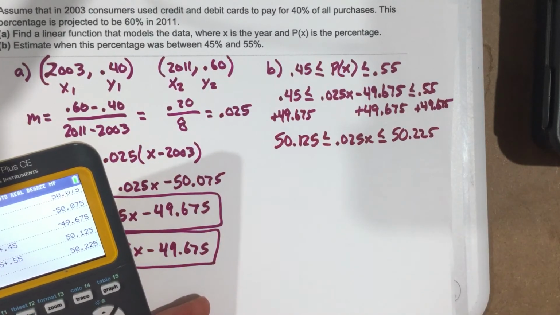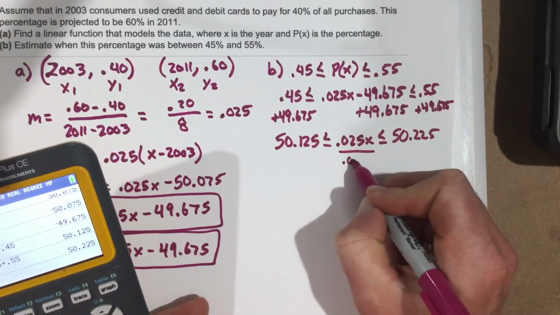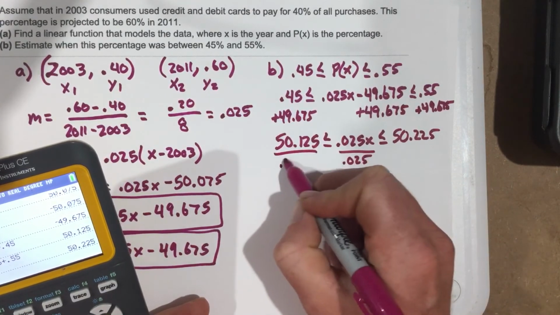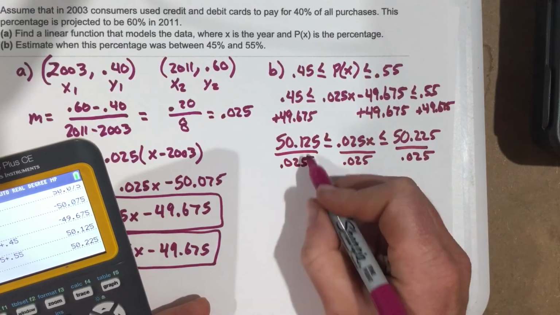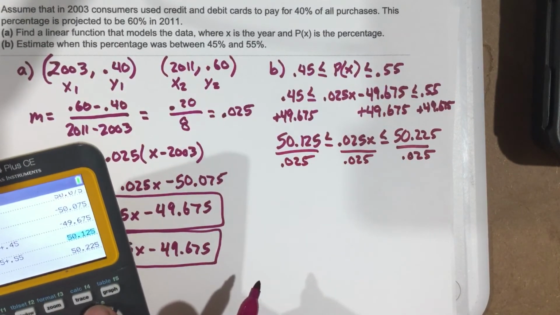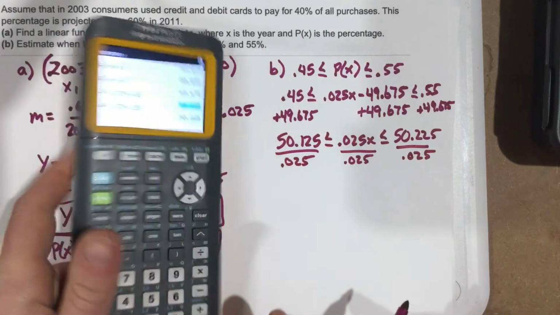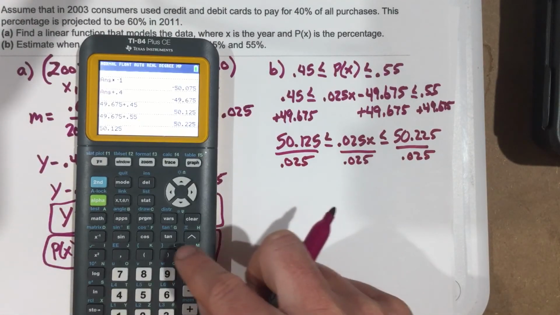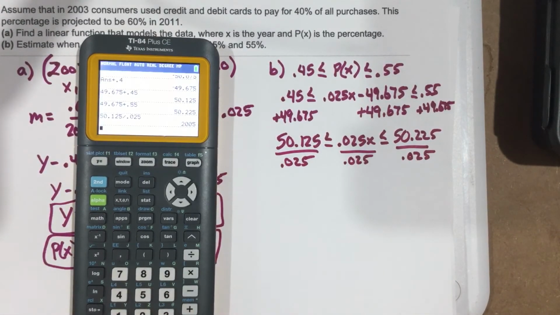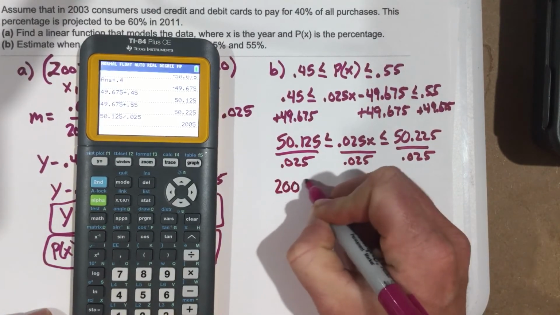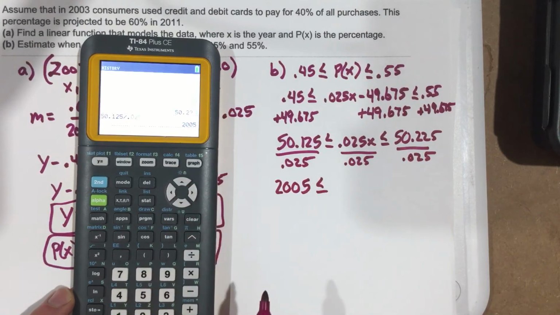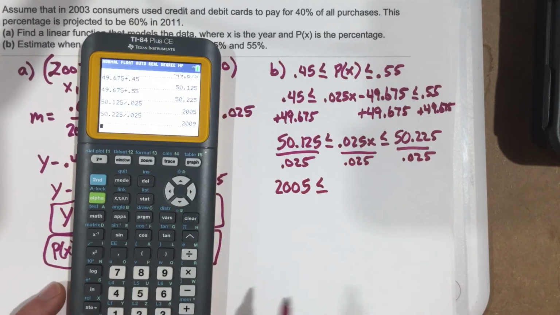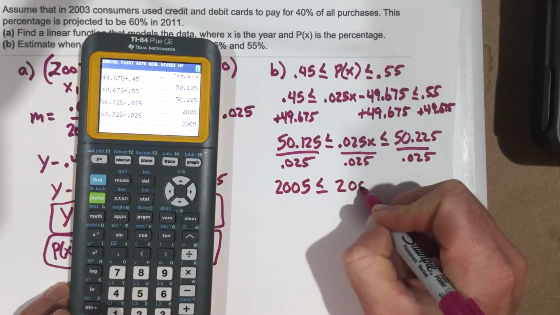Finally, let's divide each side by 0.025. When we divide 50.125 divided by 0.025, we get 2005 for the year, less than or equal to, now we'll do 50.225 divided by 0.025, we get 2009.